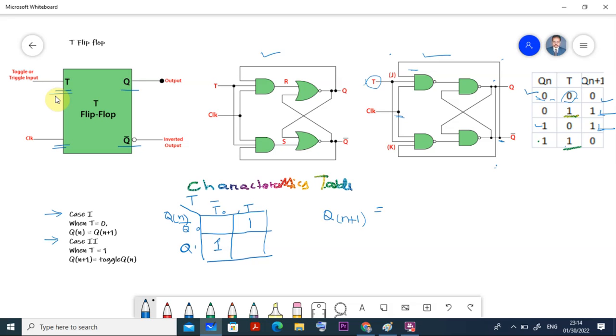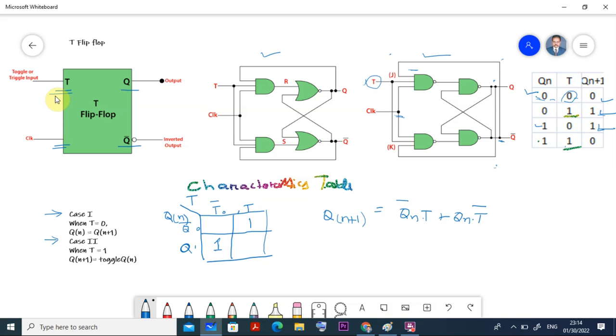So this is Qn bar T, which is equal to, I am writing it here, Qn bar into T, plus Qn into T bar. Are you getting me? So these are the AND and this is the OR, both the gates are represented there.